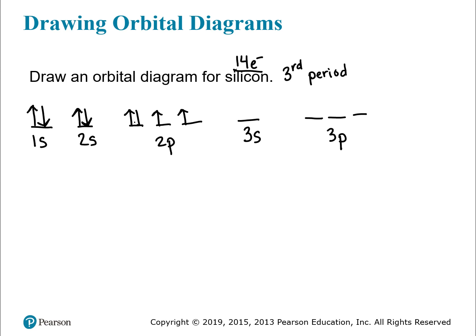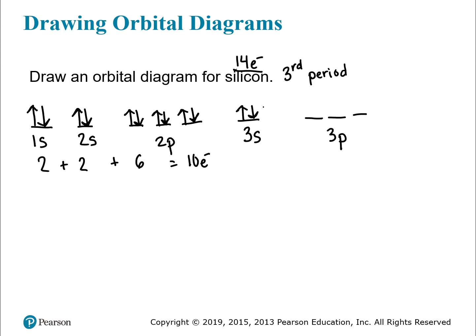Still don't have enough, so we're going to fill again. So now we've got a total of 2 plus 2 plus 6 electrons. We filled all the way up through the 2p, and we have 10 electrons total. We still need to place another 4 electrons.